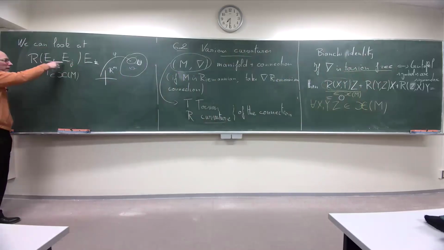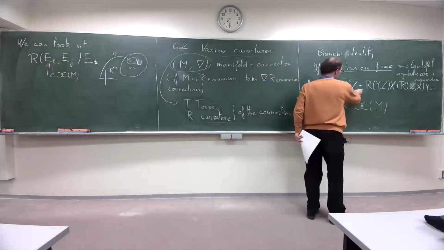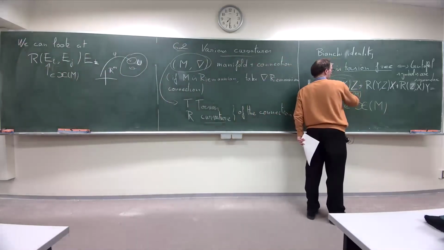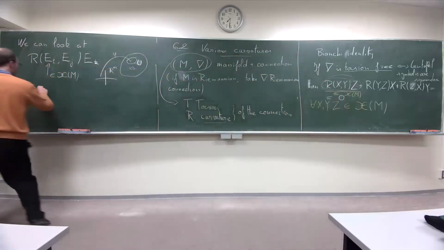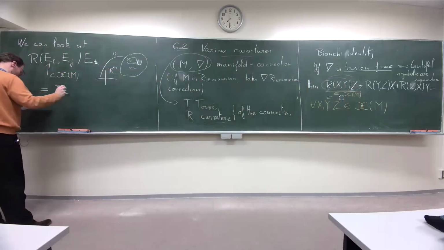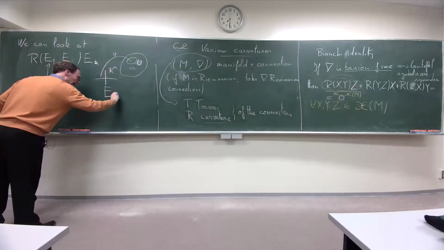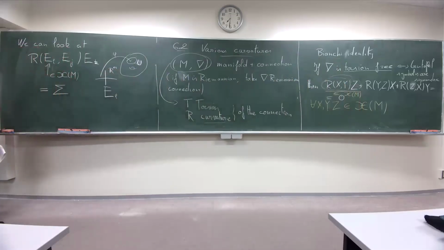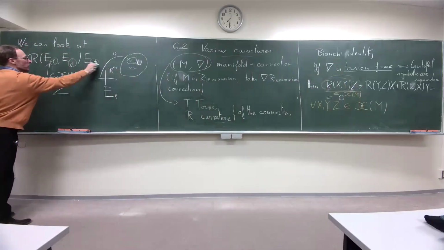So I can look at this special vector field, and as we have seen, when we evaluate R on three vector fields, it's again a vector field. So we can always write it as a linear combination of some E_L. And what are the coefficients? They have to depend on these three things.